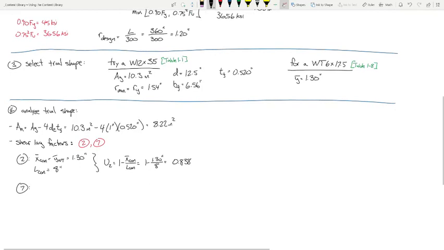What we do is we compare B sub F, which is 6.56 inches, and we compare 2/3 of the depth. And 2/3 of the depth is 2/3 of 12.5. And what is that? 8.33.